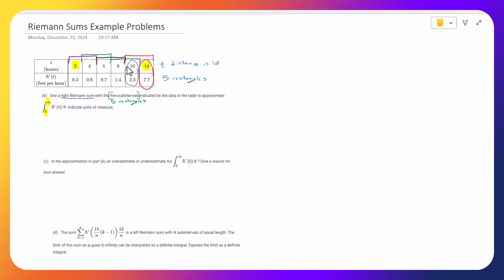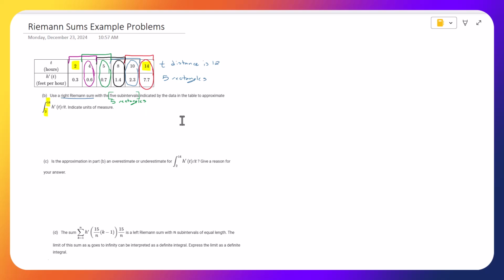So my red one's this one, my blue one's this one, my black one is this one. My green one is this one. And finally my pink rectangle is this one. So we have our 5 endpoints of our rectangles.